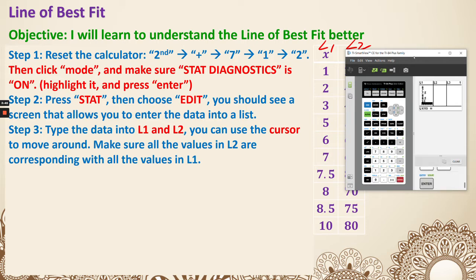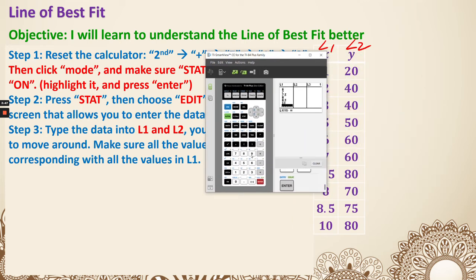Now let's look at L2. I'm going to use my cursor to move to the right so that I can type in L2: 20, 40, 40 again, 50, 60, 60 again, 80, 70, 75, and the last one, 80.